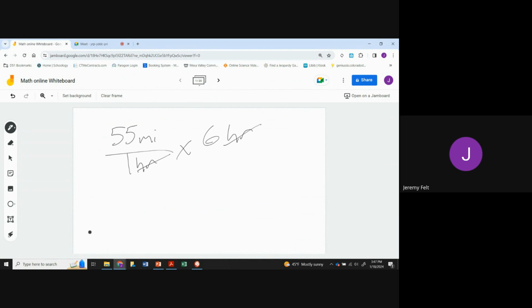So hours and hours, one's in the numerator, one's in the denominator, just like any number divided by itself cancels out because it's just one. Same thing with units. Hours over hours would cancel out. So we're left with 55 times 6, which is 330. And we haven't got rid of miles, which makes sense if we're saying driving 55 miles per hour for 6 hours and traveling 330 miles. Makes sense.